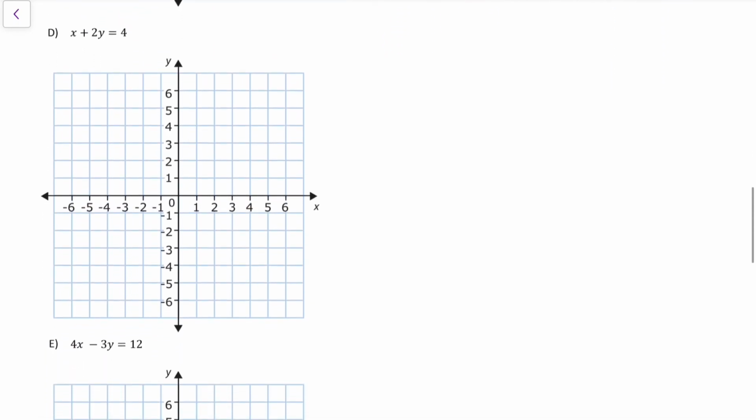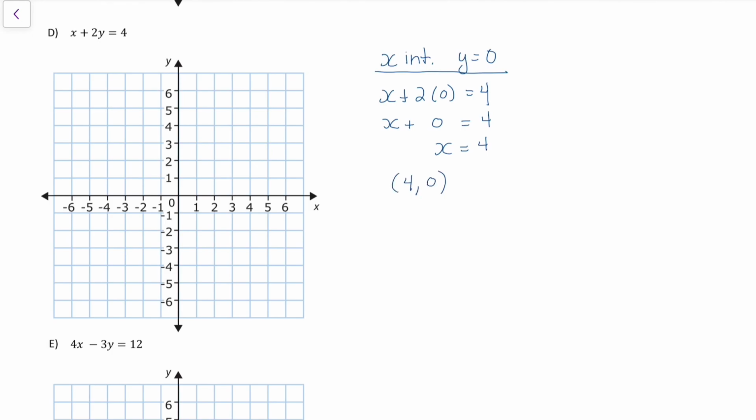Let's try another one. Again, in order to find my x-intercept, I'm going to make my y equal to 0. So I'm substituting 0 in for y, and I get x is 4. So x is 4 when y is 0. And for my y-intercept, I want my x to be 0.